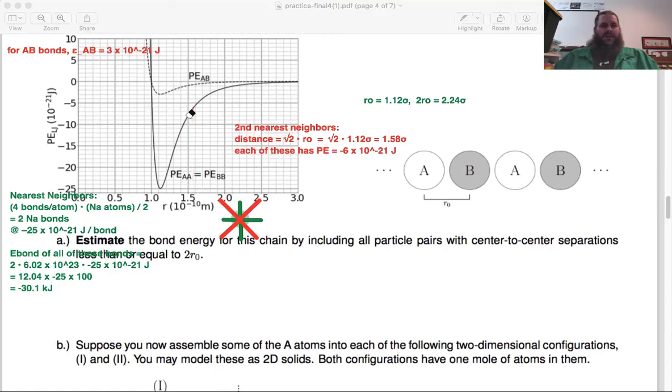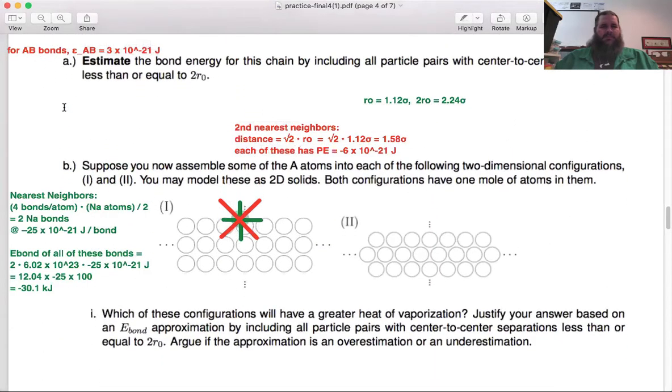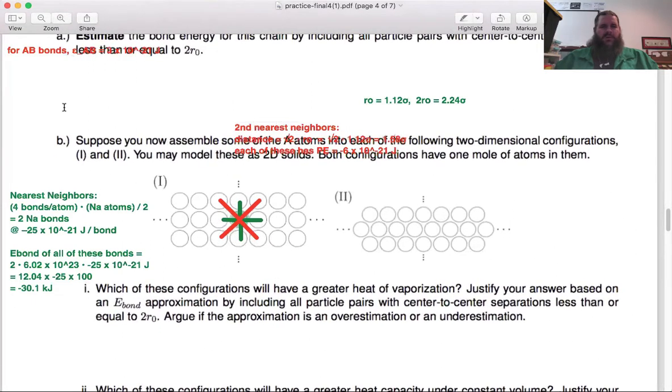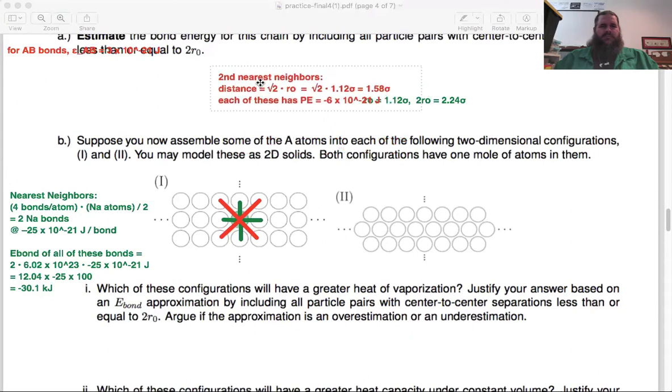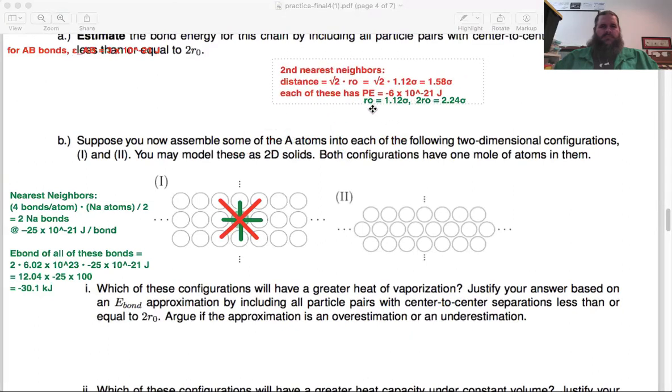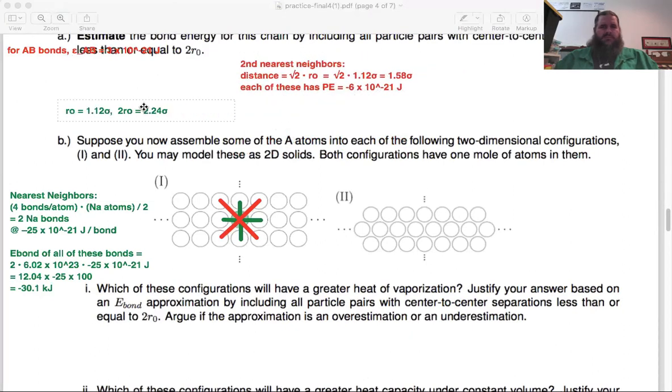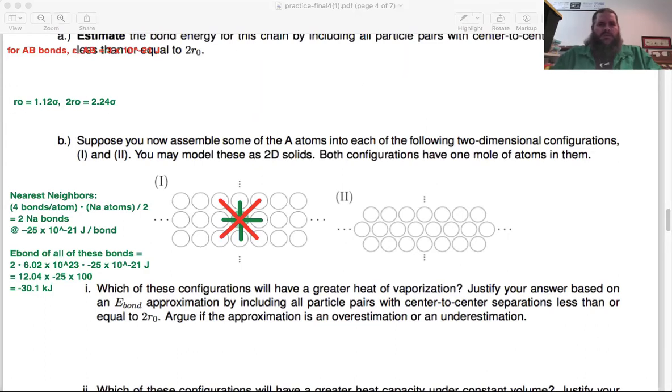And now that we've got the energy, we just need to figure out how many bonds of that type there are. We know there's 4 per atom. And I think we can take the same approach. We have 4 per atom, 4 bonds per atom.